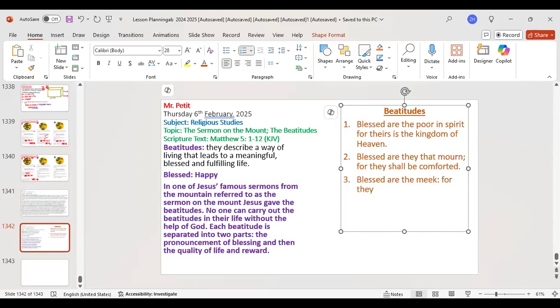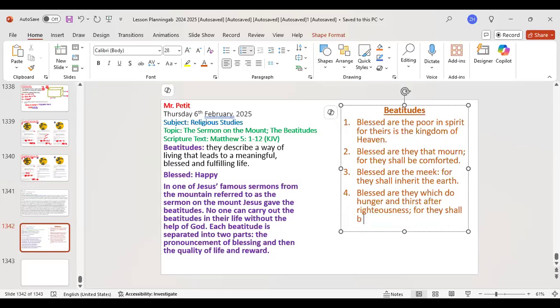For they shall inherit the earth. Number four, blessed are they which do hunger and thirst after righteousness. Why? For they shall be filled.